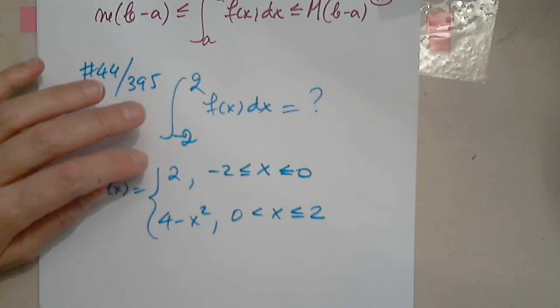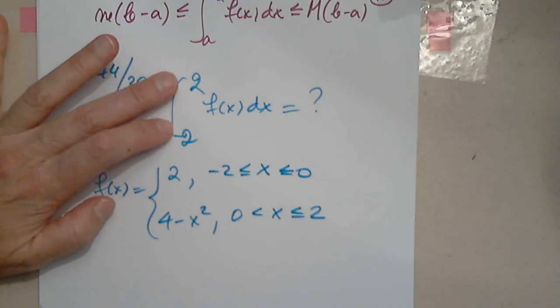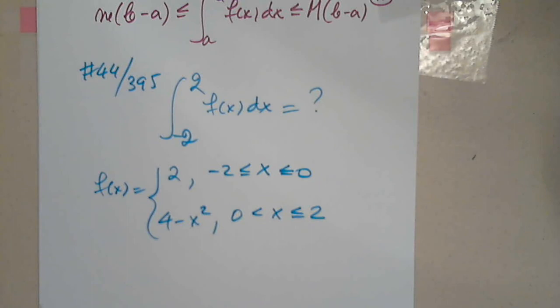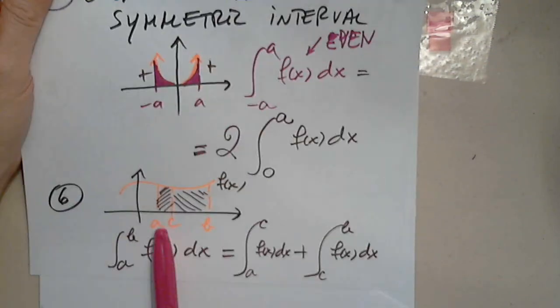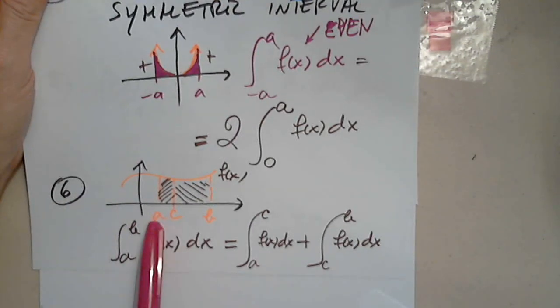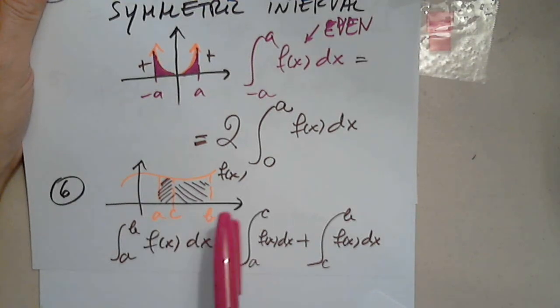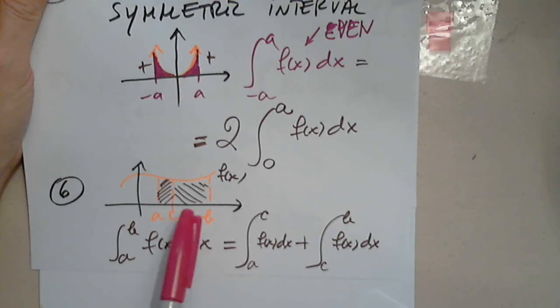Well, since we are asked between negative 2 and 2, remember one of the properties that we just looked at a few minutes ago, which is this one: the integral from a to b can be determined as the sum of two integrals, between a and c plus the integral from c to b.